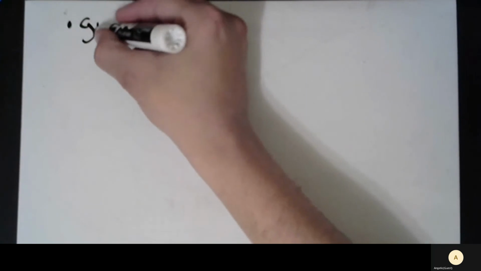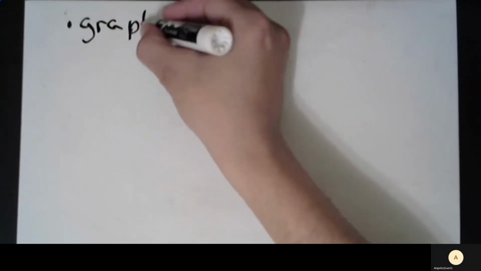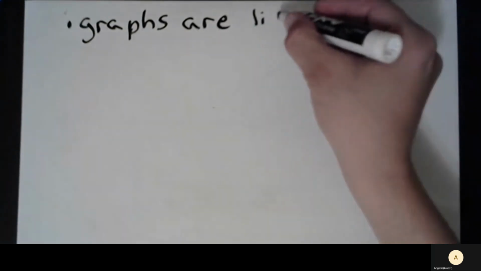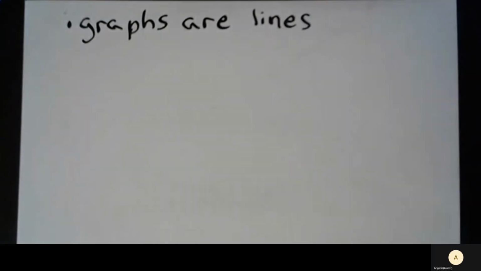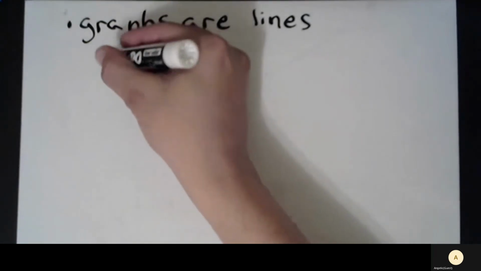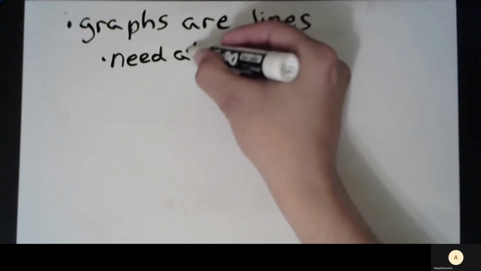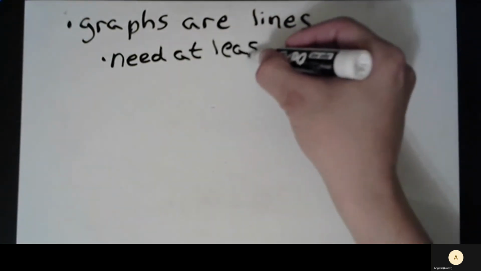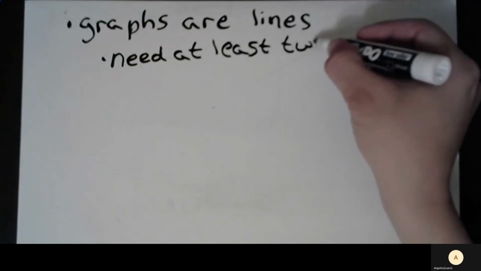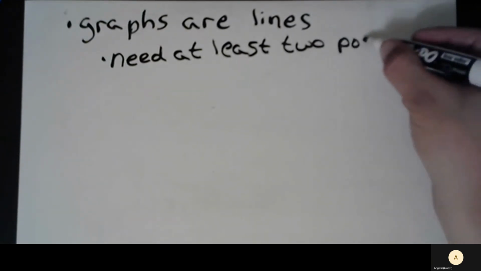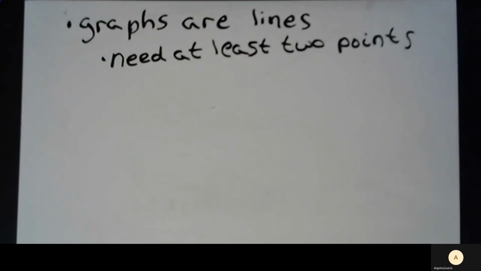So their graphs are lines. To graph a line, you need at least 2 points.